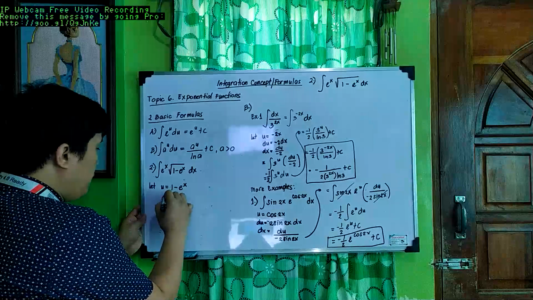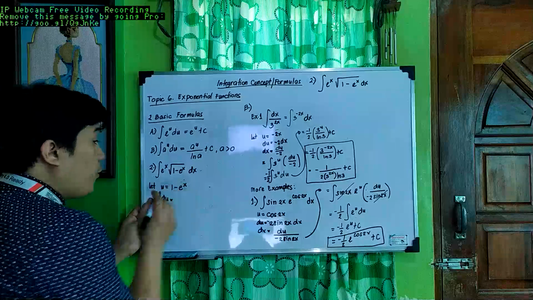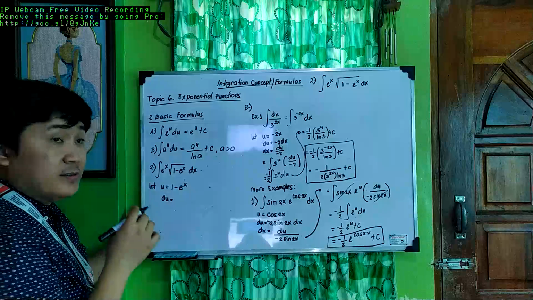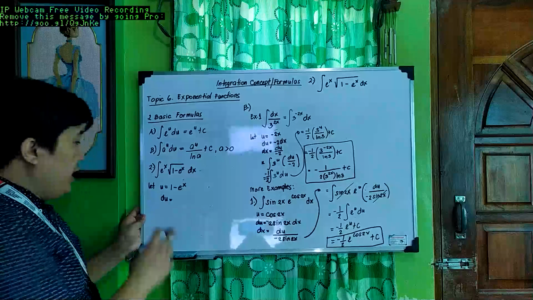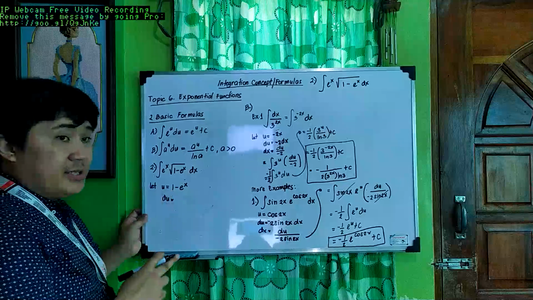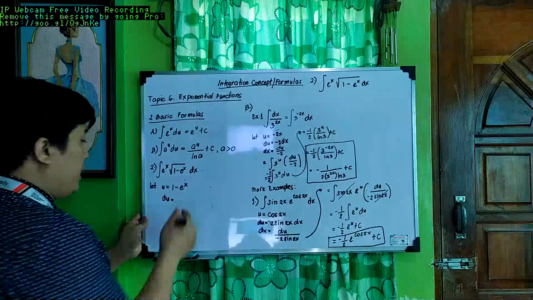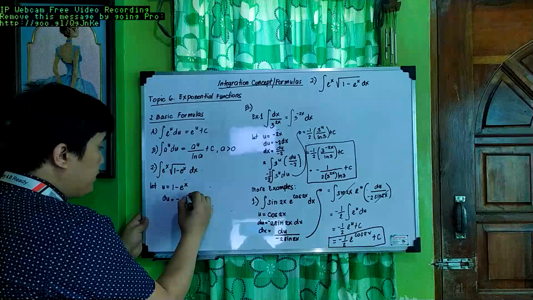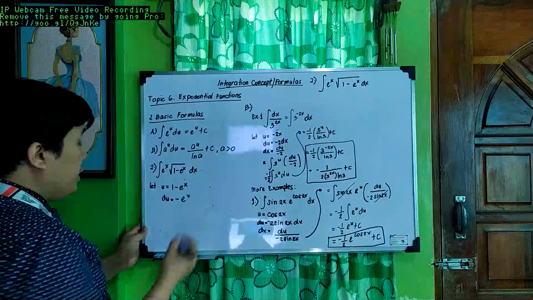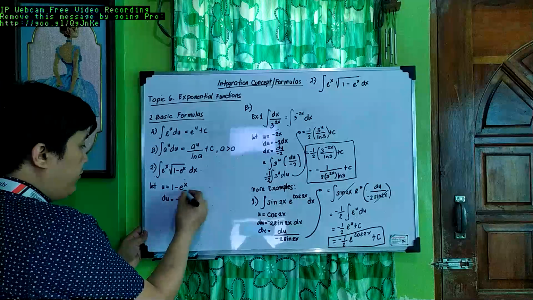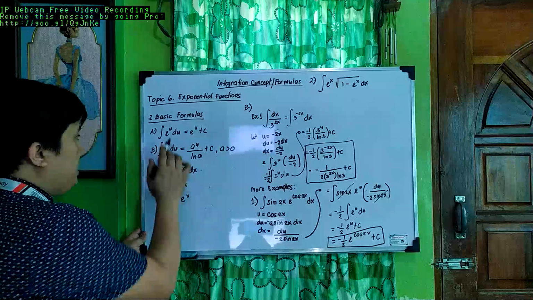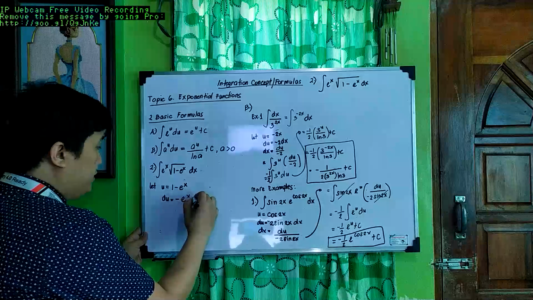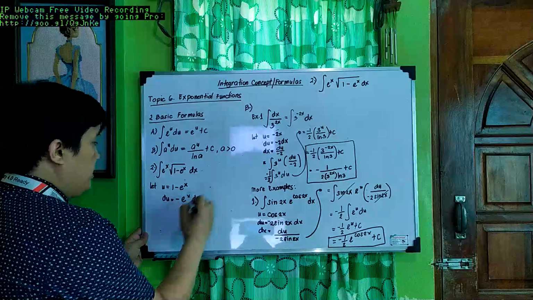So du will have the derivative of 1, that is 0. When you derive a constant, that is 0. Okay? So you have negative e raised to the power of x. We know that the derivative of e raised to the power of x is e raised to the power of x, dx.